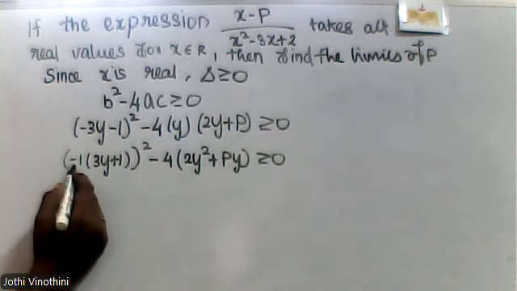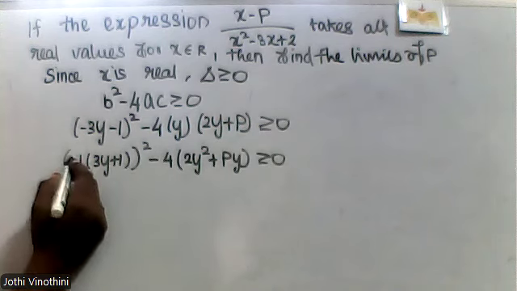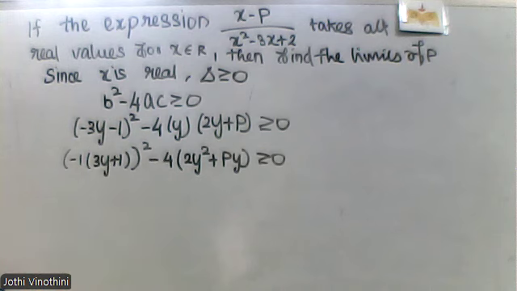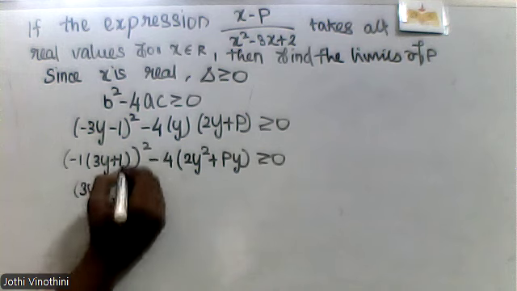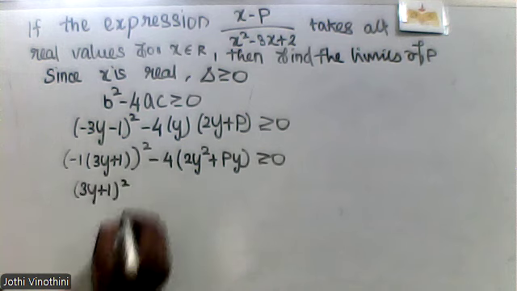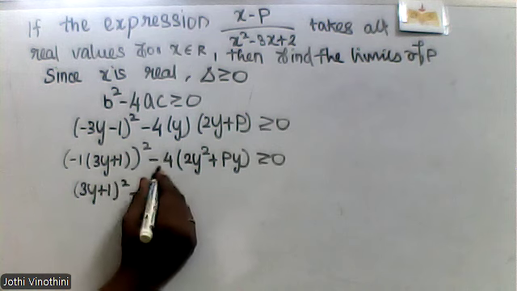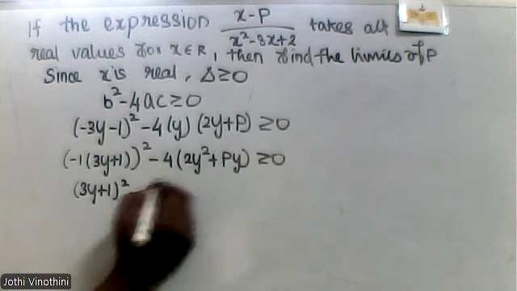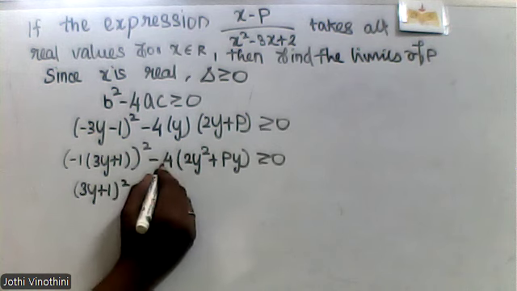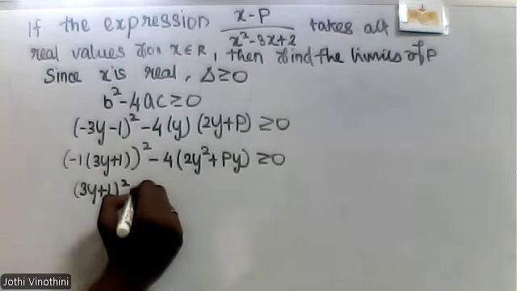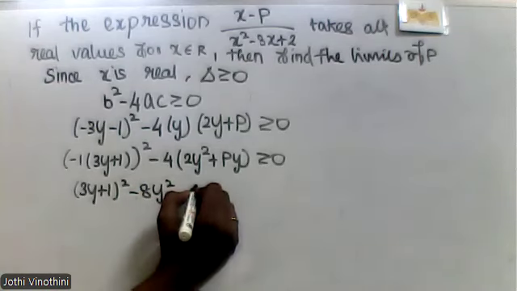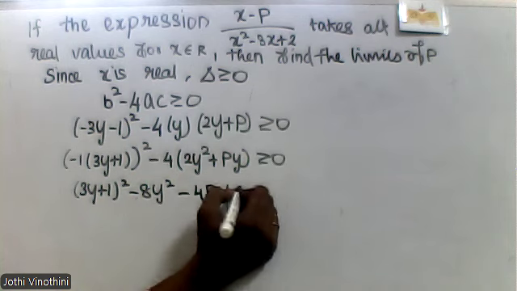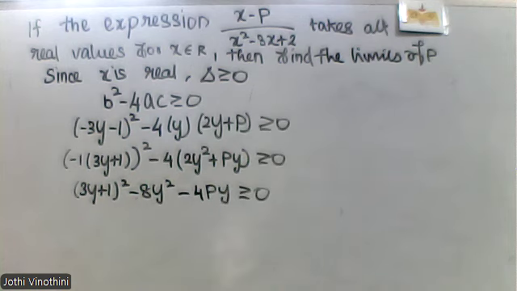Again, it is minus 1 multiplied by 3y plus 1, so minus 1 the whole squared is plus 1. 3y plus 1 the whole squared. Now I am going to take this minus 4 inside, so it becomes minus 4 into 2y squared, minus 8y squared minus 4py, greater than or equal to 0.